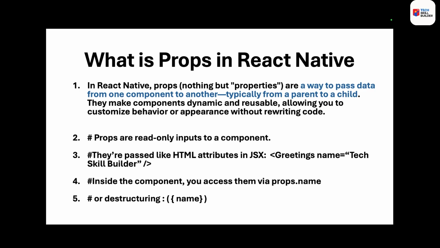So what is the use of sending data from one component to another? For example, if I have to greet five people, I am not going to write five components. Instead, I will write one component and specify the name of the person to be greeted.